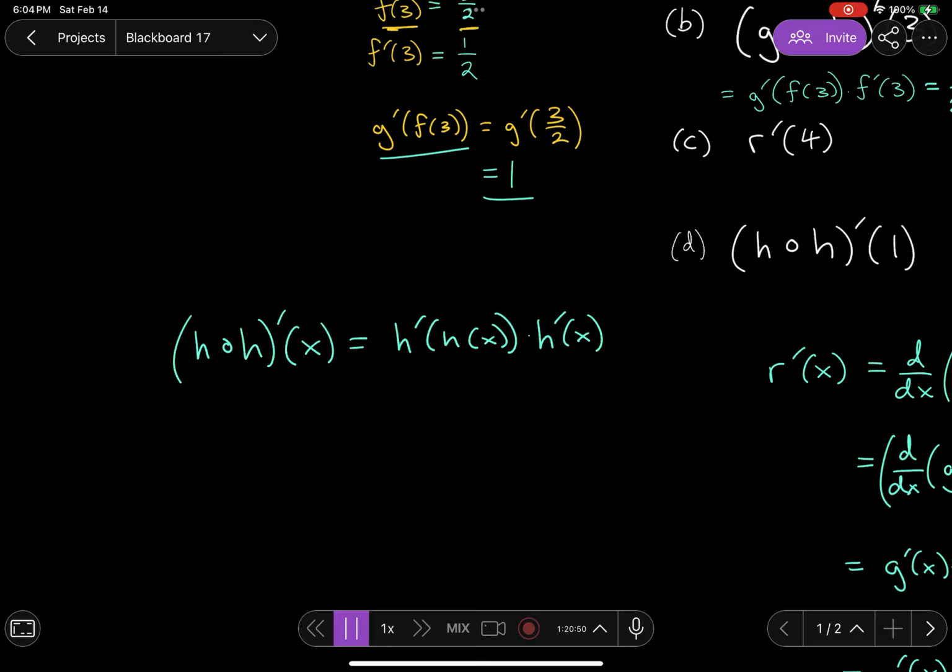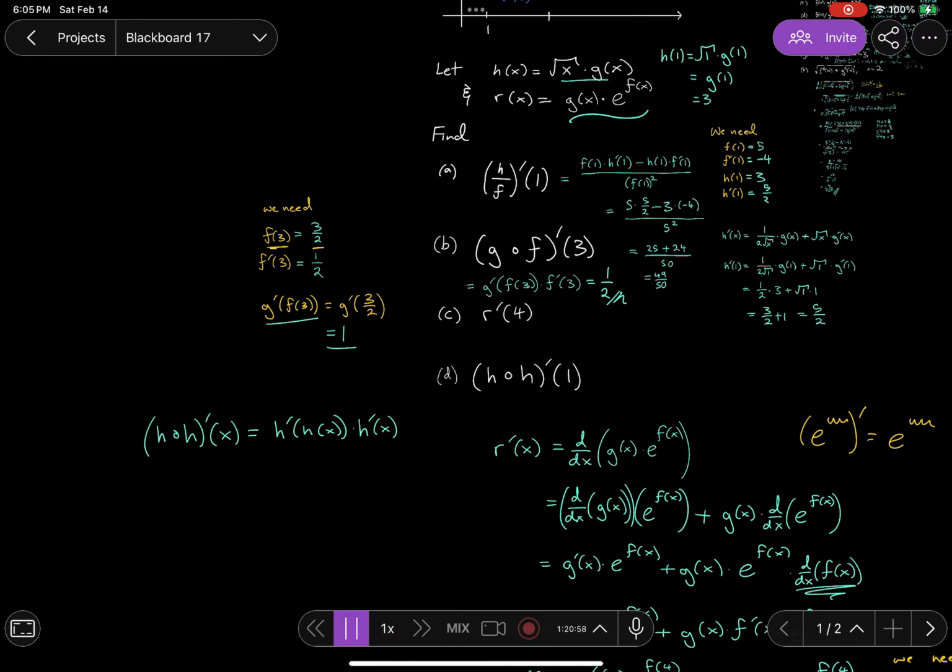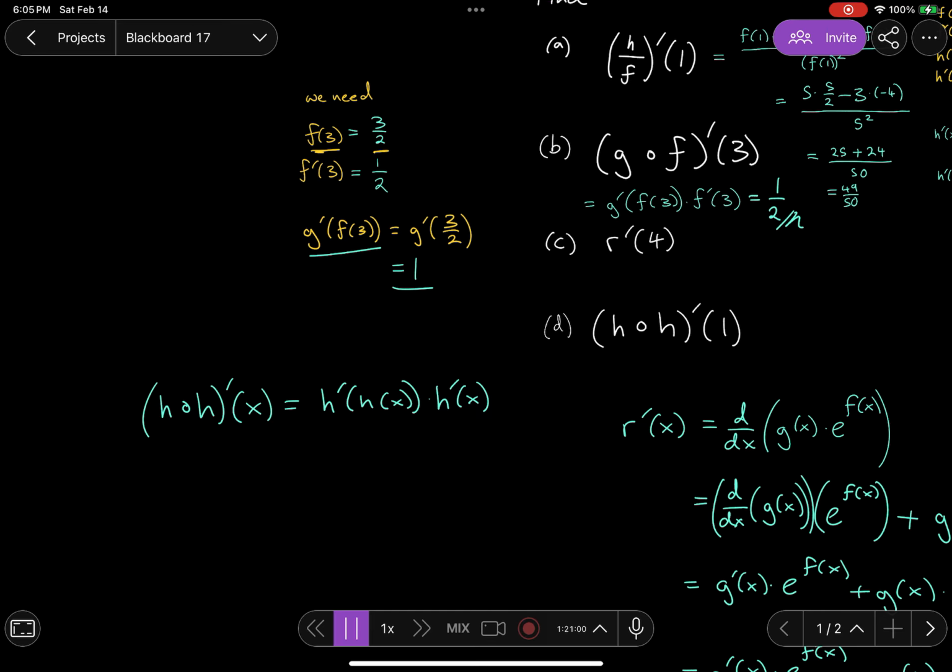All right, so now I need two pieces. What the heck h prime of x is, and then what the heck h prime of h of x is. In particular, I want to evaluate these at 1. So what I really need is h of 1 and h prime of 1.